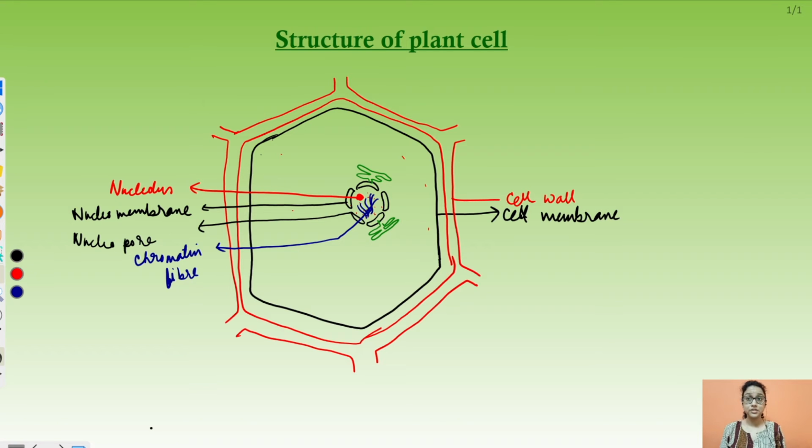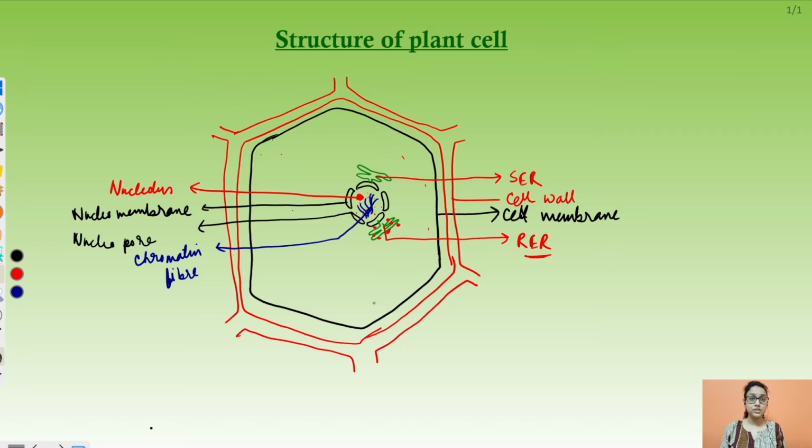If there is a presence of ribosomes on the walls of the endoplasmic reticulum, then it is called rough endoplasmic reticulum, as due to the presence of these ribosomes, the outer wall will appear as a rough surface, and this rough endoplasmic reticulum will help in the synthesis of proteins. And if the ribosomes are absent on the wall of the endoplasmic reticulum, then it is considered as smooth endoplasmic reticulum, which will help in the synthesis of certain lipids.